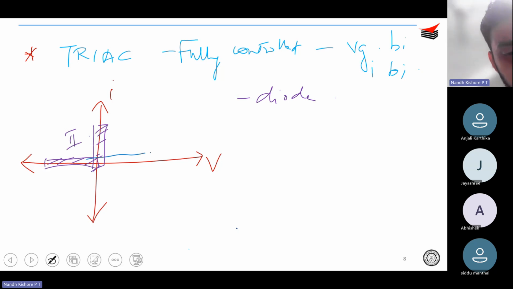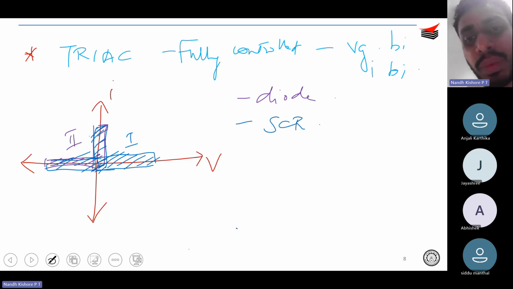For SCR, it is voltage bidirectional, therefore it is 2-quadrant operation, 1 and 2.